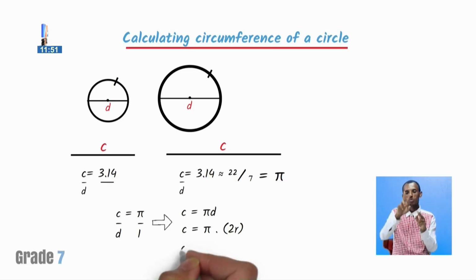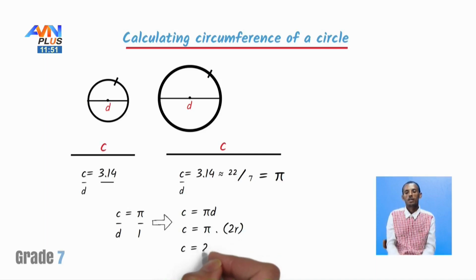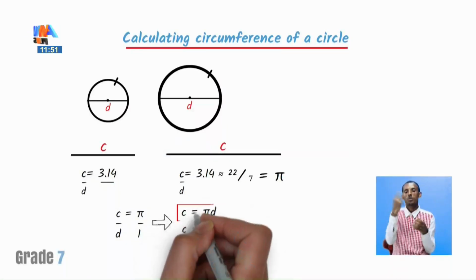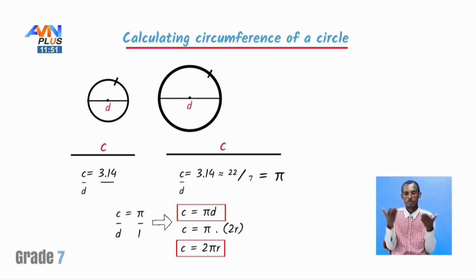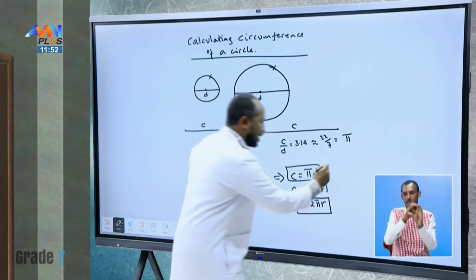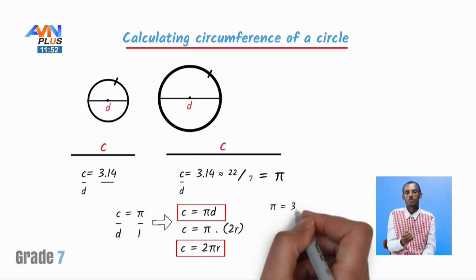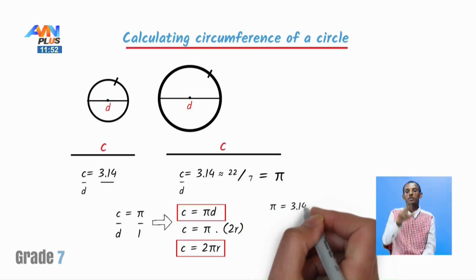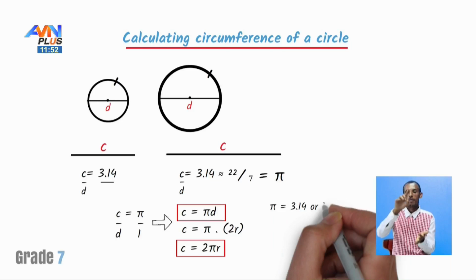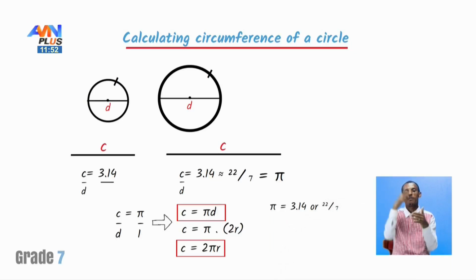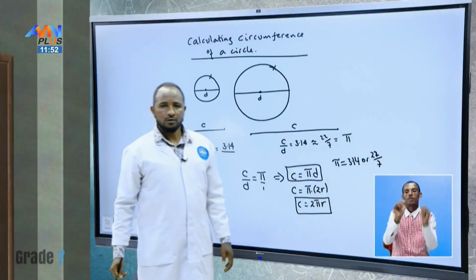So we can use this equation, 2 pi times radius. So the circumference of a circle can be evaluated using 2 pi times radius, or pi times diameter. And pi is approximately equal to 3.14, or we can use the approximate value of pi to be 22/7 or 3.14. So this is it.